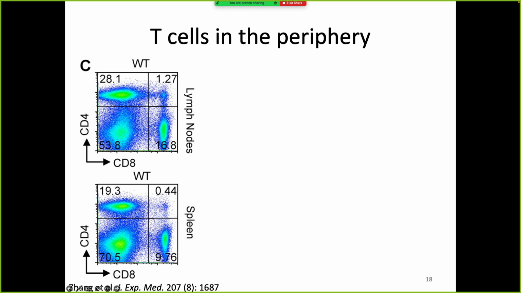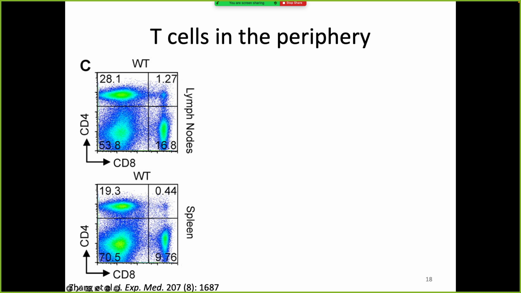And so if I were to draw one of these plots of the periphery, I would pretty much draw it like that. I wouldn't draw those double positives. I could also set up my experiment where before I did this plot, I could have gated on just T cells.